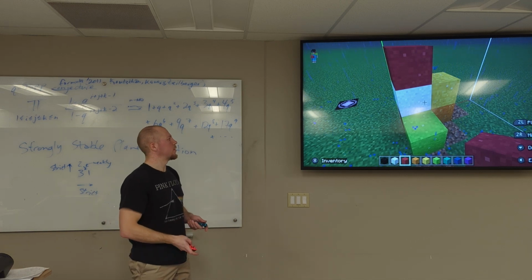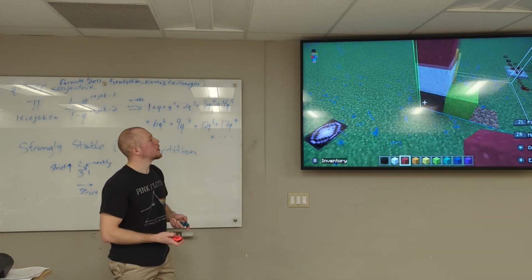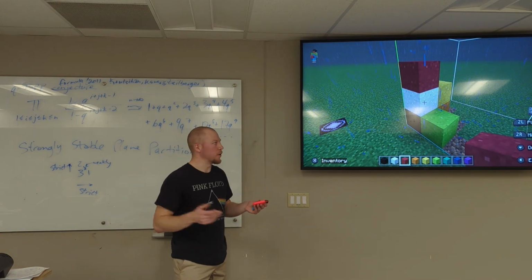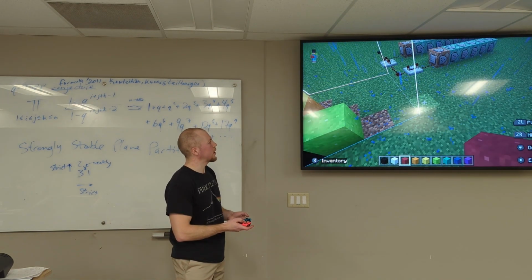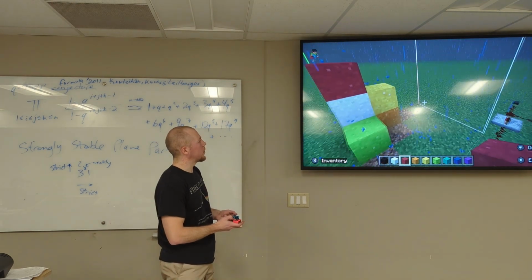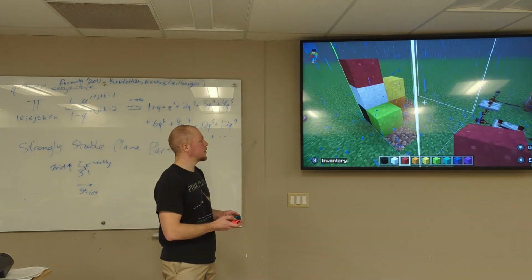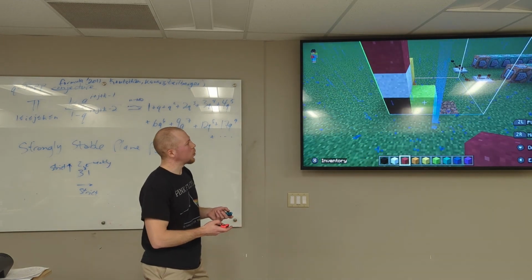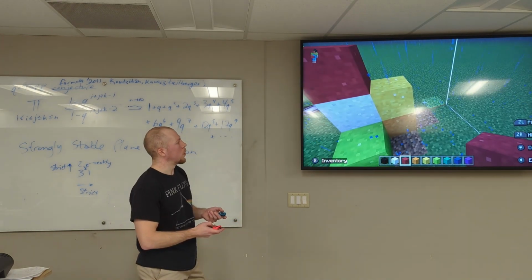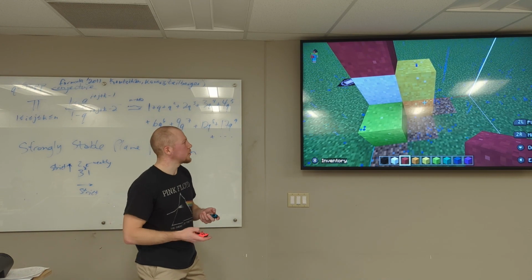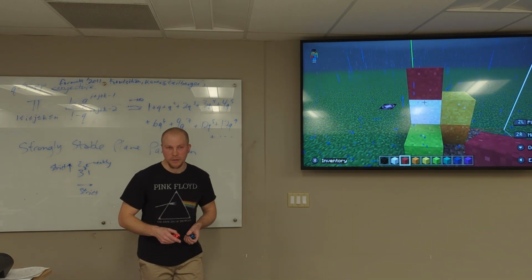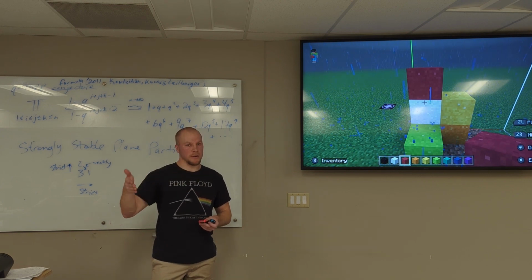For example, if I look at this black block at the base, I've chosen a variable ordering: this is my x direction, that'll be my y direction, the red line, and up will be z. From this black box's perspective, it sees one block to its right, one block in its y direction, and 2 blocks above it. So that vector would be 1, 1, 2.